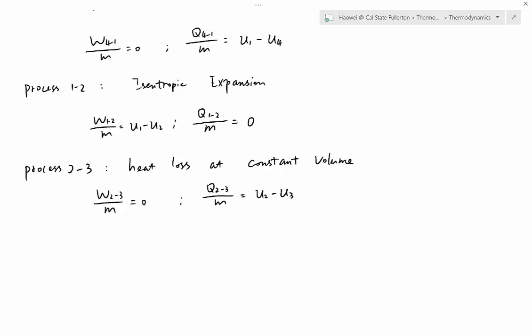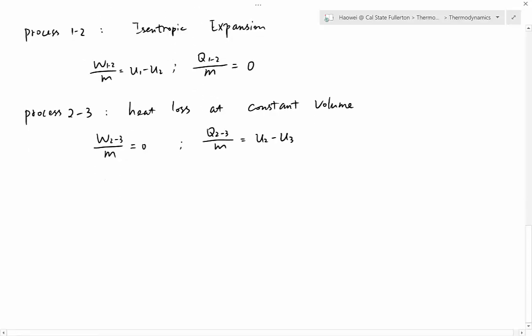Just like before, we do not prefer a negative solution, so we switch u2 and u3. We use u2 minus u3 to make sure we always get a positive number. But you just have to remember, for process 2-3, it is a heat loss process. So even though your solution for Q23 is positive, keep in mind this is a heat loss process.